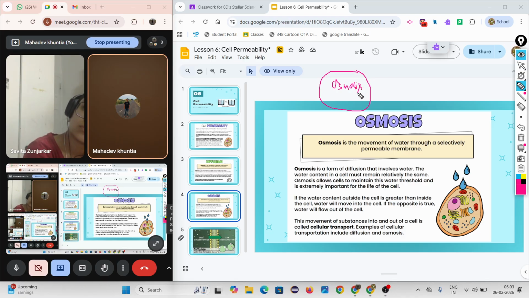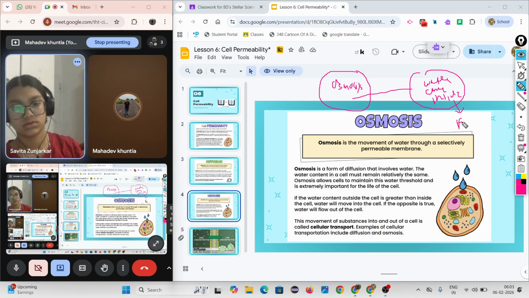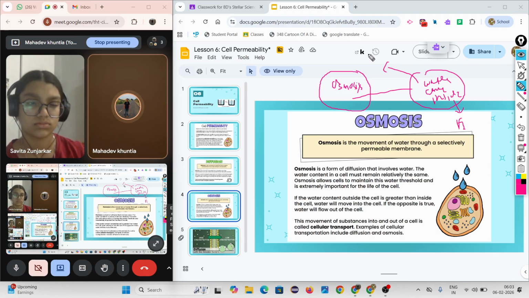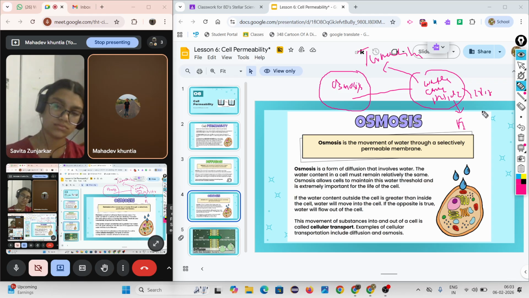Due to osmosis, the water content inside the cell remains constant, fixed. Not too much high, not too much low.